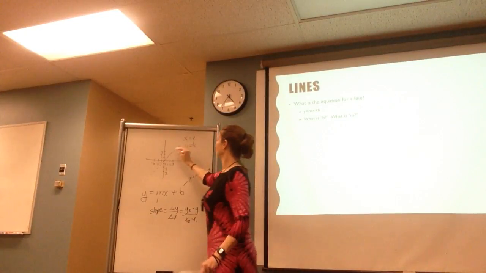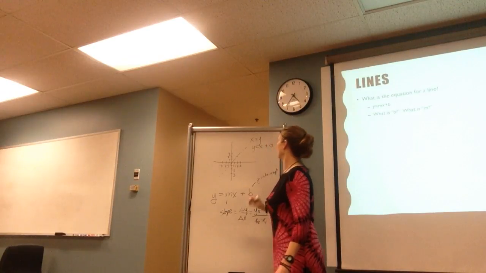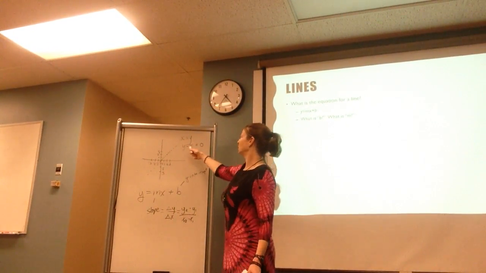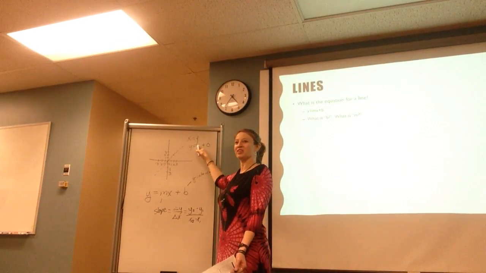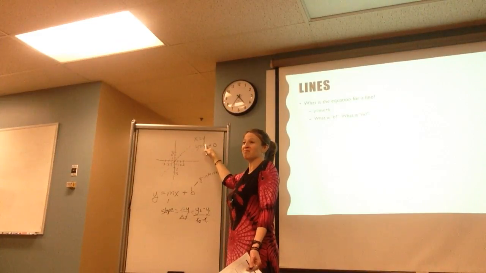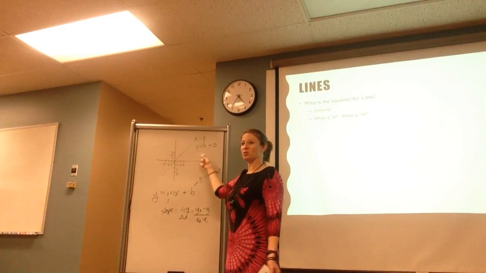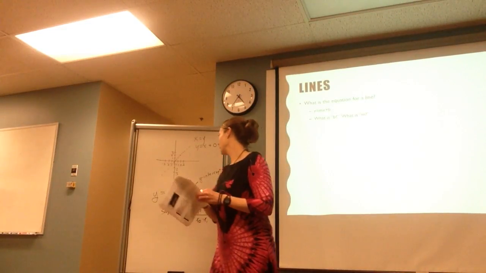So in our special line here, our b is 0. Our slope, we don't see an m because there's an invisible 1 out front here, right? Our slope is 1. Our y-intercept is 0. So this does follow the formula of y equals mx plus b. It just doesn't look like it. Okay.